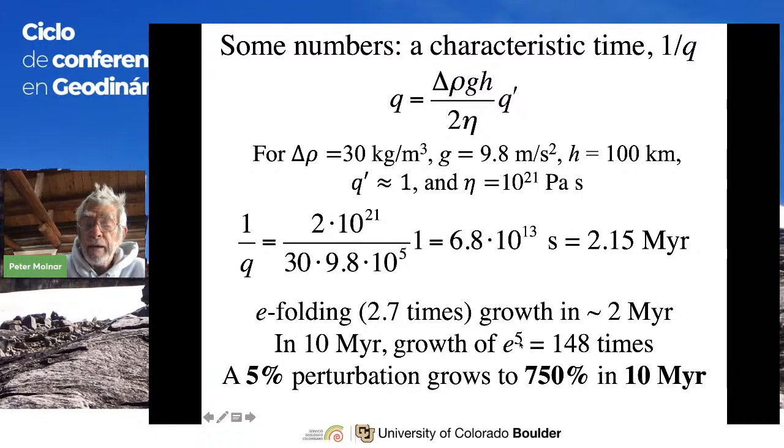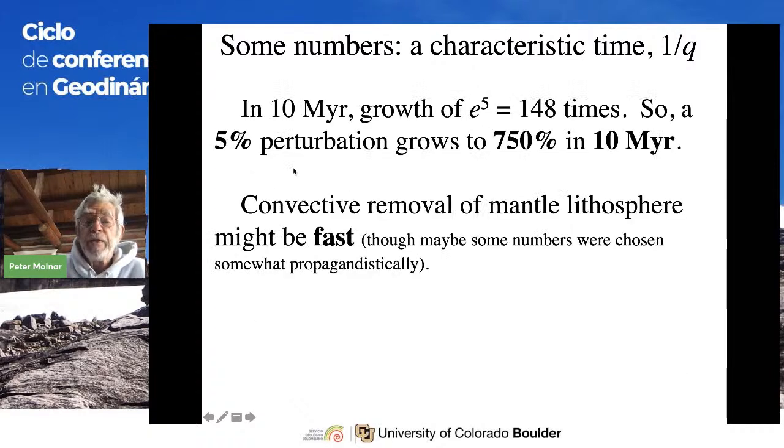And therefore, if you go 10 million years, you have a growth of e to the 5th, that's 148 times, so a 5% perturbation grows 750% in 10 million years. The point is that this can be fast. This can be very fast. Now, I should tell you that I picked some numbers that made this look better than maybe it should, but let's not worry about that.